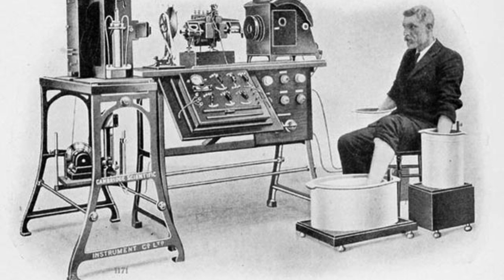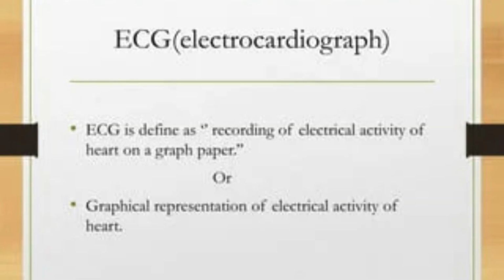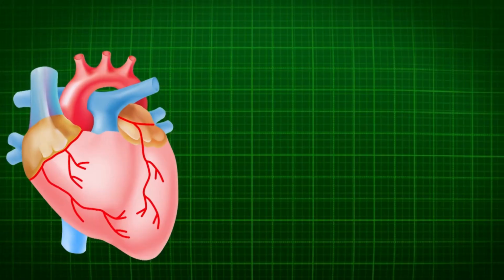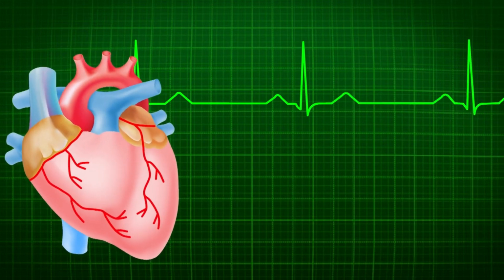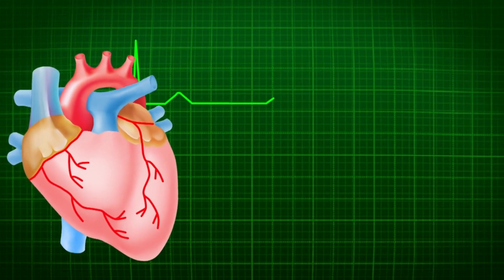ECG is actually a very old tool used widely even today, and it measures the electrical activity of the heart. By measuring electrical activity of the heart, we are not only able to know what is going on inside the heart, the electrical part, but also we are able to predict and understand its mechanical activity, its contraction, how it's going, what's happening, etc. There are exceptions where we have something called electromechanical dissociation, which I'm going to talk about in future videos.